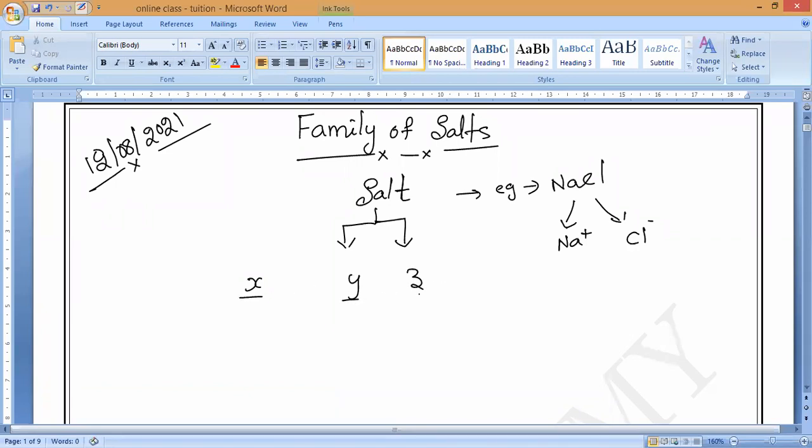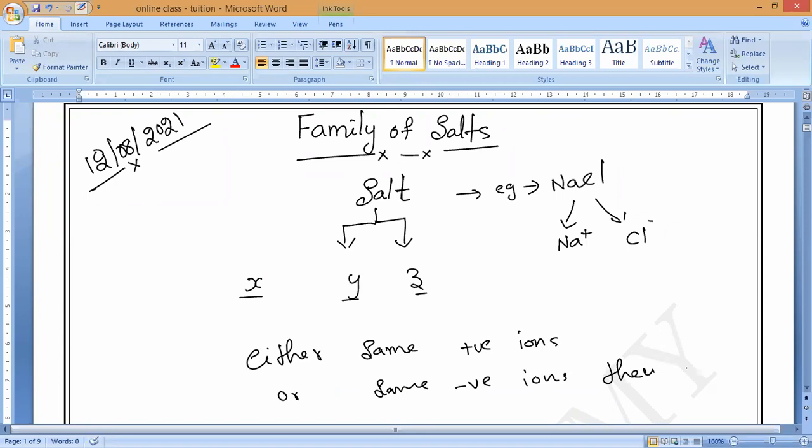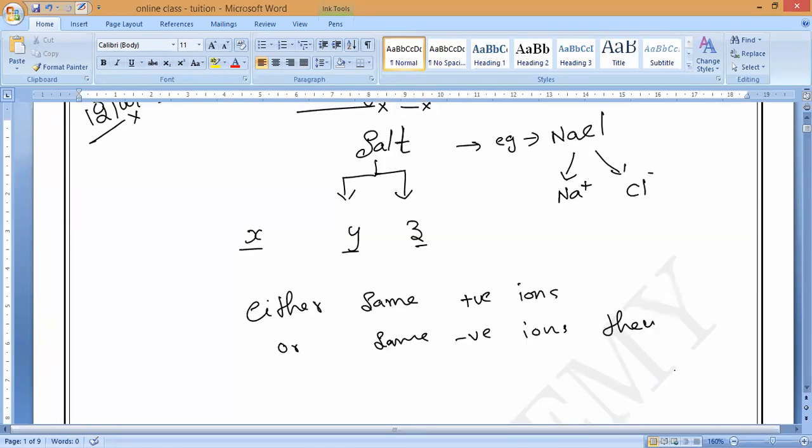In these three, if they have either the same positive ions or the same negative ions, then they are said to be a single family.